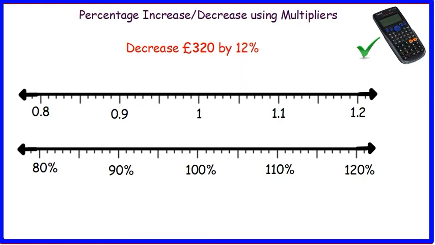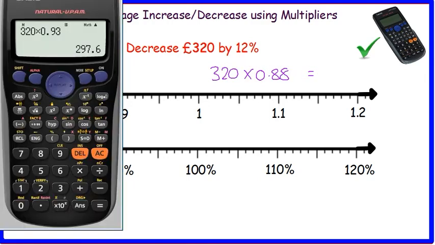Take away 12% would be 0.88, giving £281.60.